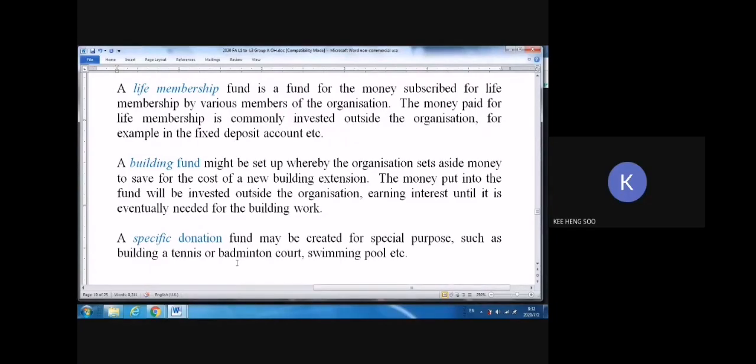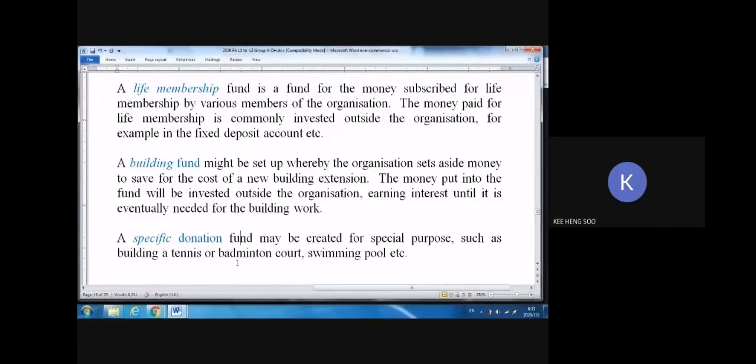Okay, now I'd like to use an example. My friend comes and tells me that he wants to donate money, but he doesn't want to donate to TAR in general. He says I want to donate 100,000 to the student loan fund.